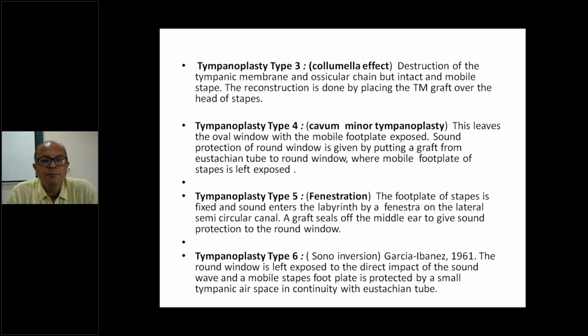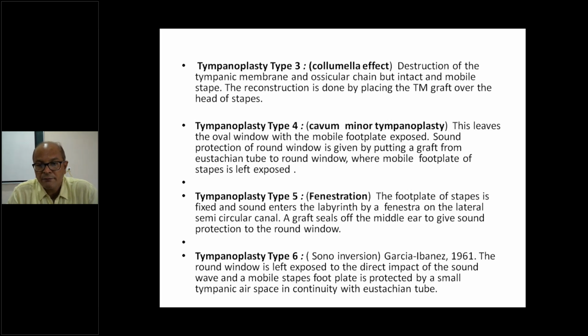Then type 4 tympanoplasty is called cavum minor tympanoplasty. So here even the superstructure of the stapes is destroyed. This leaves the oval window with the mobile footplate exposed. Sound protection of the round window is given by putting a graft from the eustachian tube to the round window, where the mobile footplate of the stapes is left exposed.